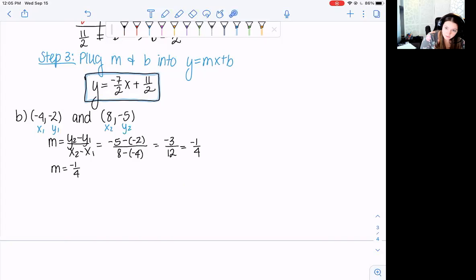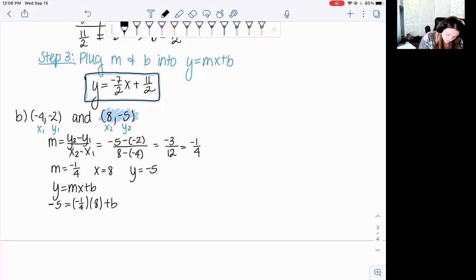It does not matter which point you use here. I like this one since only one of them is negative. It doesn't matter though. So I'm going to use x equal to 8 and y equal to -5 because I am using this point. y equals mx plus b. We have -5 equals -1/4 times 8 plus b. -1/4 times 8 is -2.